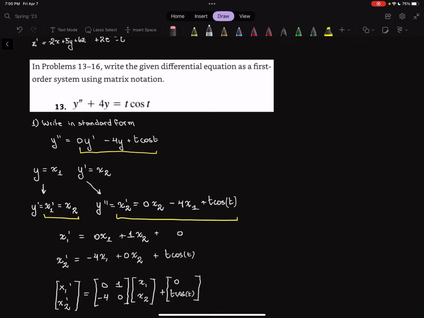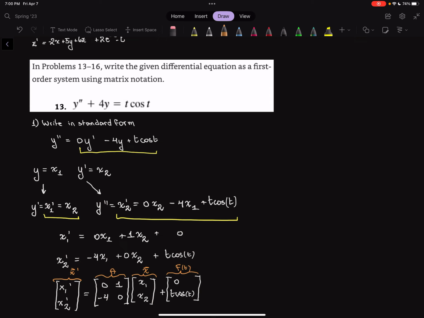Now you could say that this is, well, let's not call it k, let's call it x prime, that this is my matrix A. You can say that this is my X, if that was X prime. And you can call this f of t.